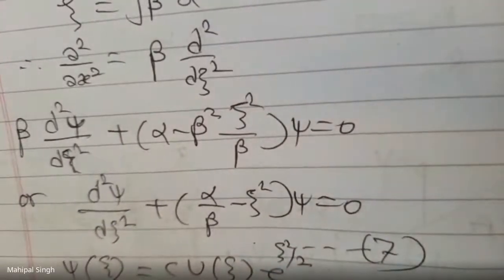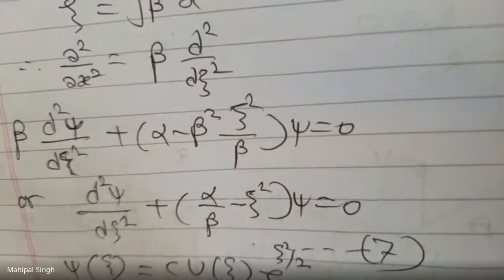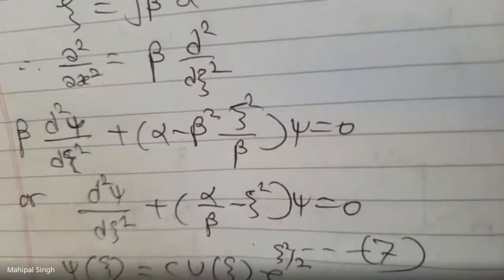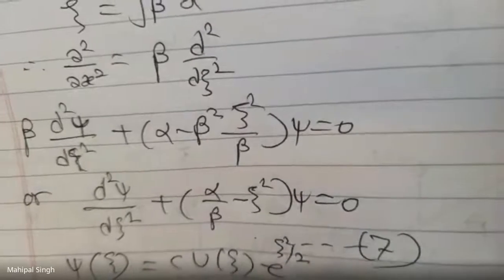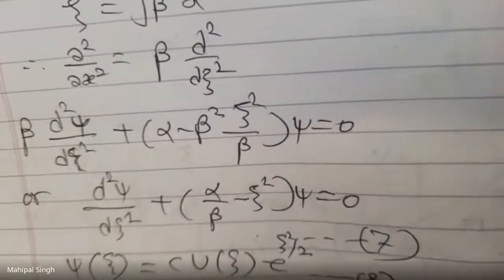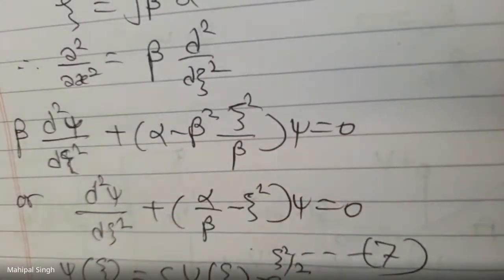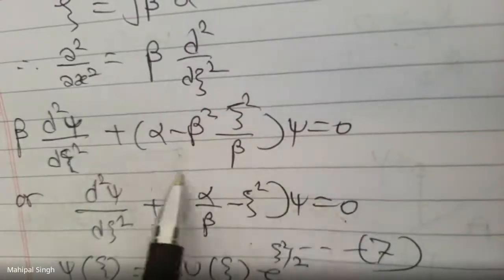Now using equation number 8 in equation 7, we can write d2u by d xi square minus 2 xi du by d xi plus (alpha upon beta minus 1) u equal to 0. This is equation number 9. So this is a new form of equation 7.